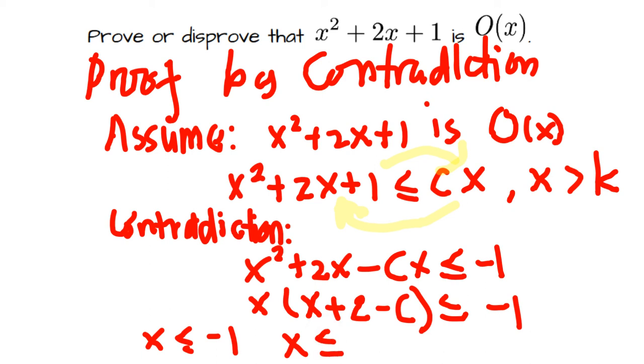And we will solve for x to be less than or equal to negative 1, or if we equate this, x could be, transposing 2, so minus 3, and c.